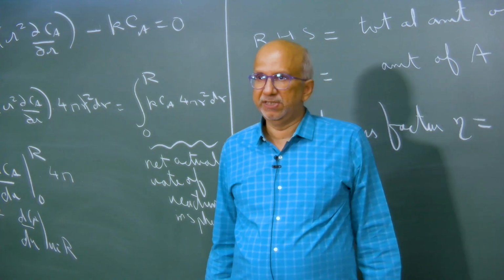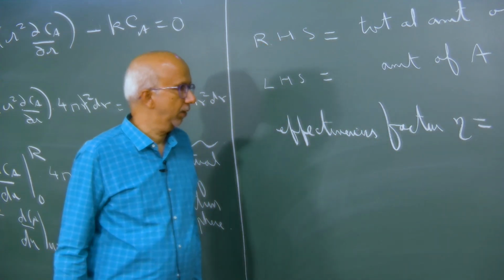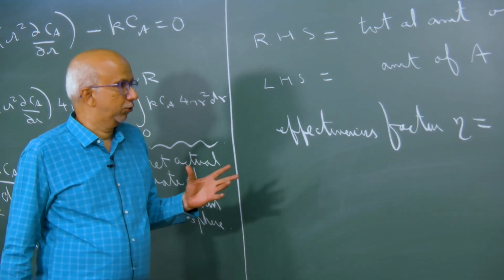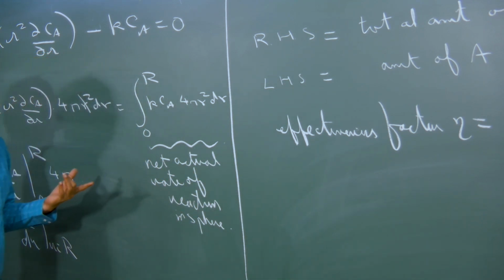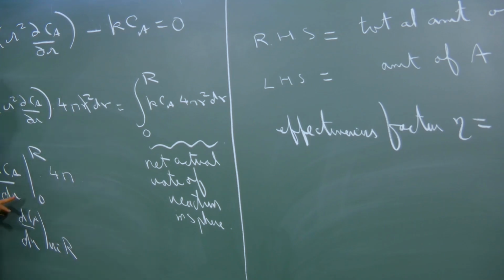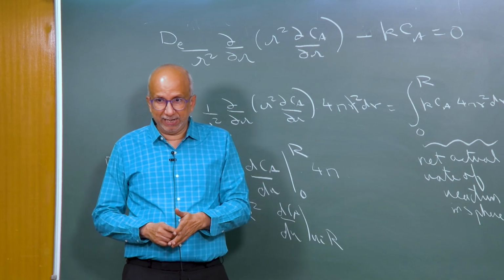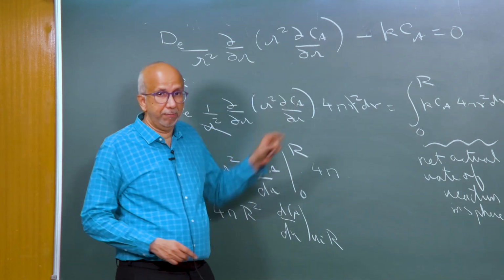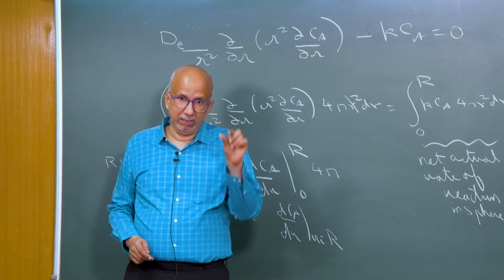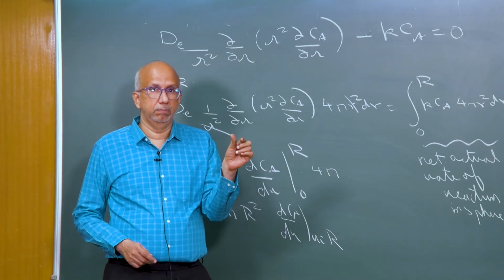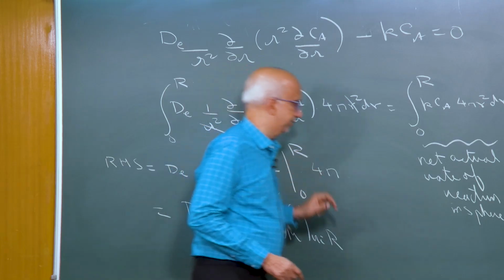That becomes much easier. Now, this is just to tell you that what I have written here is a macroscopic balance across the entire sphere. This is a microscopic balance written over an elemental volume of the spherical particle, okay. So that is the difference.